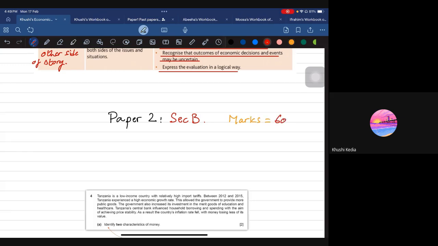So 60 marks for section B. And apart from the marks, the total time for doing section B. 1 hour.